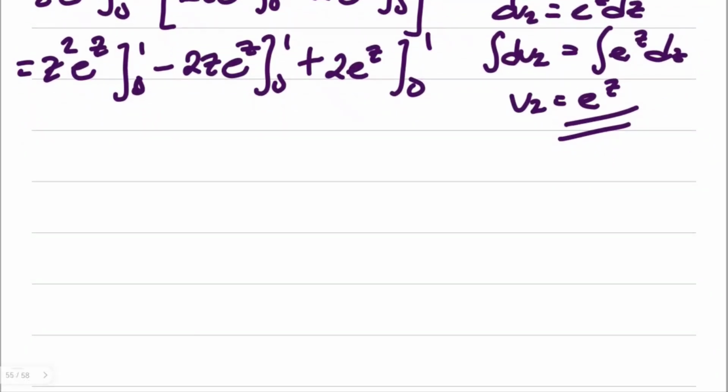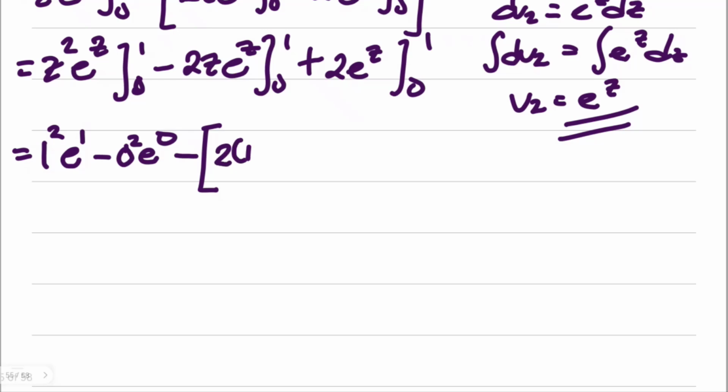Now, let's apply the limits, to evaluate from 0 to 1. So you have here 1 squared e to the 1 minus 0 squared e to the 0. That's the first. Since the second term is preceded by a minus sign, let's not forget to use the grouping symbol: 2 times 1 e to the 1 minus 2 times 0 e to the 0.